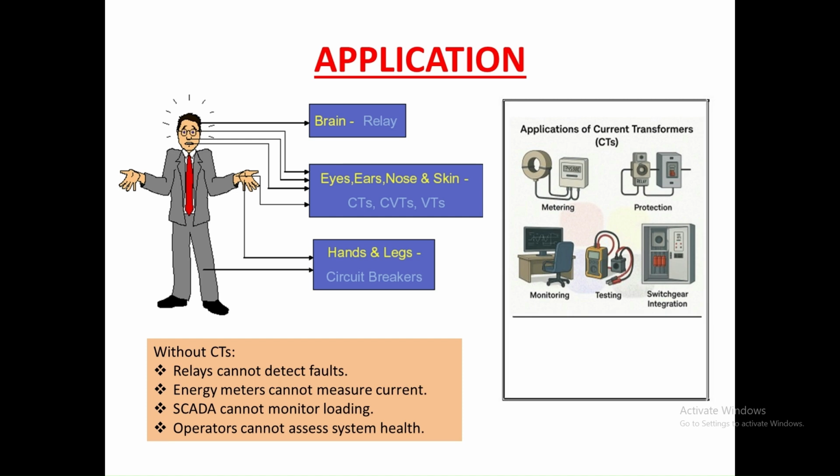So all these functions cannot be performed without the involvement of a CT. That is, the relay cannot detect faults, energy meters cannot take the reading, SCADA cannot monitor the loading, and power system operators cannot assess the system health.